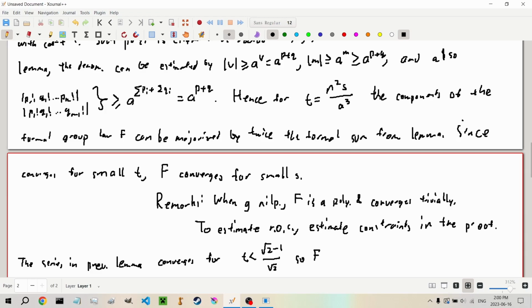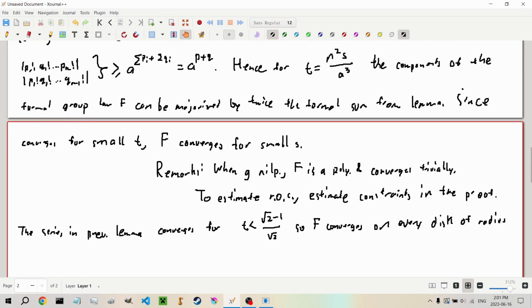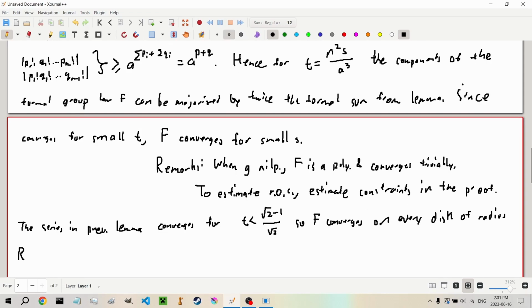So f converges on every, say, polydisk of radius r in all dimensions, where r is less than a cubed over n squared times square root of 2 minus 1 over square root of 2.